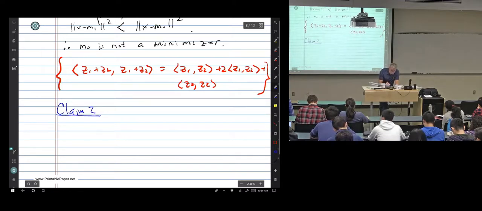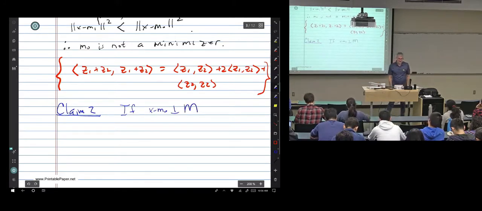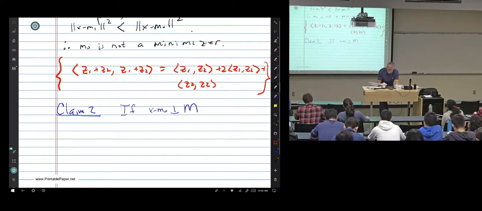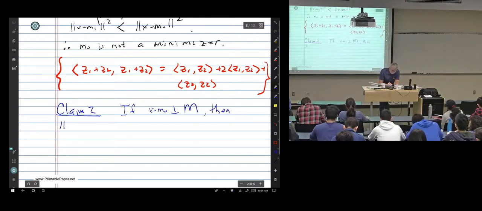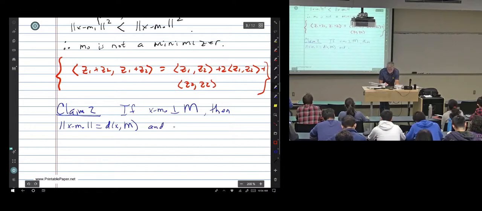Claim 2: if I can find a point where I'm orthogonal to M, then M0 is a minimizer, so I achieve the infimum, and M0 is unique.